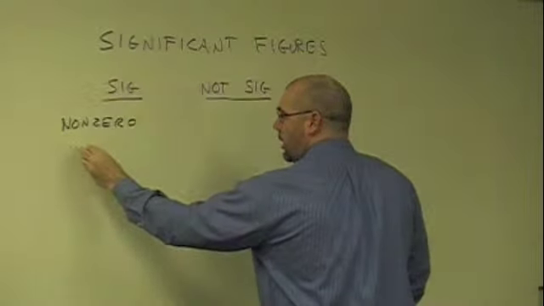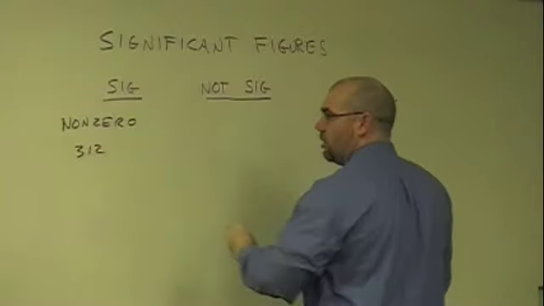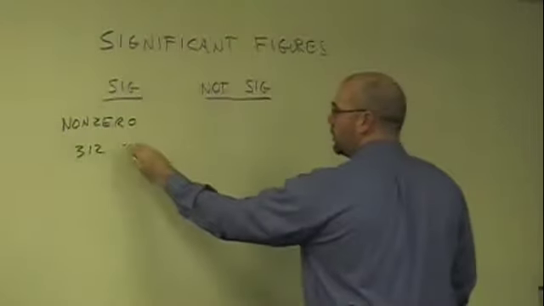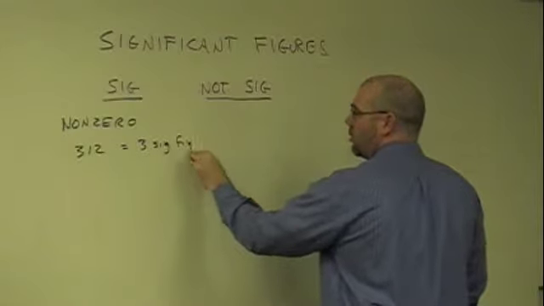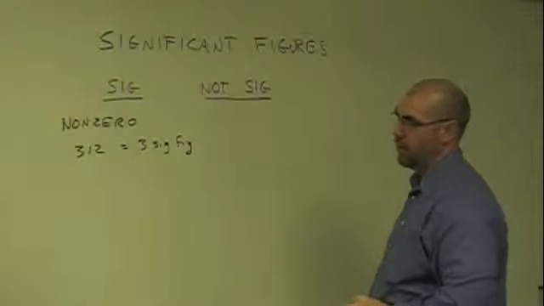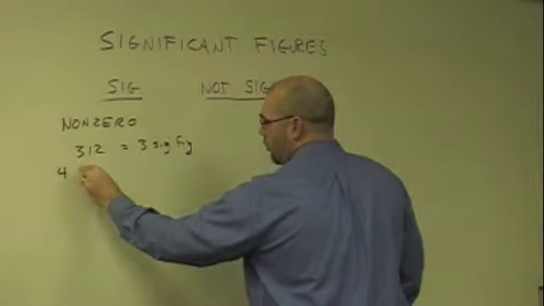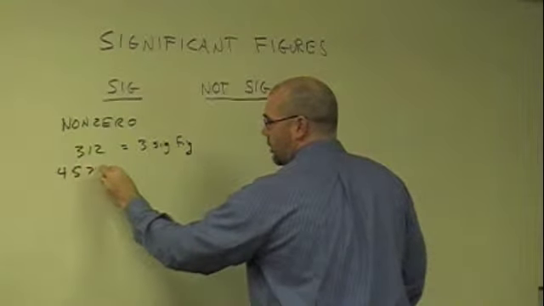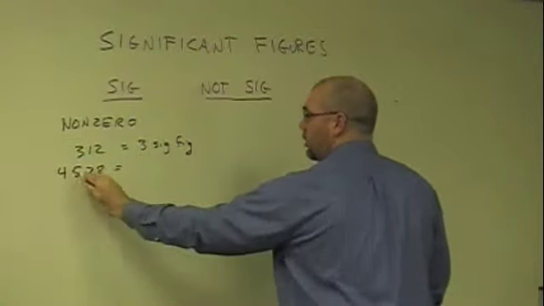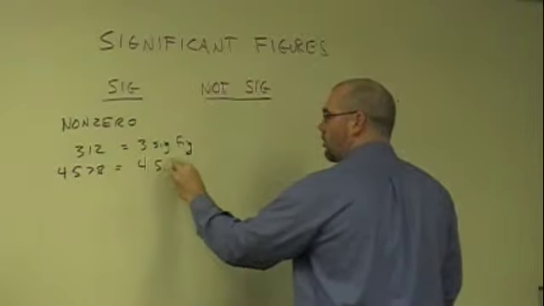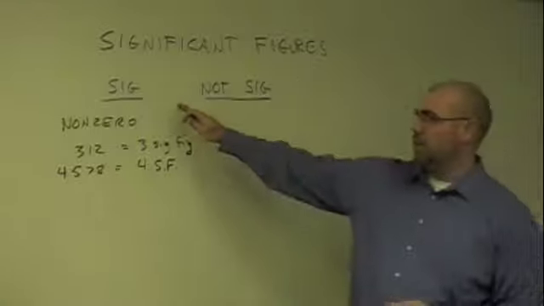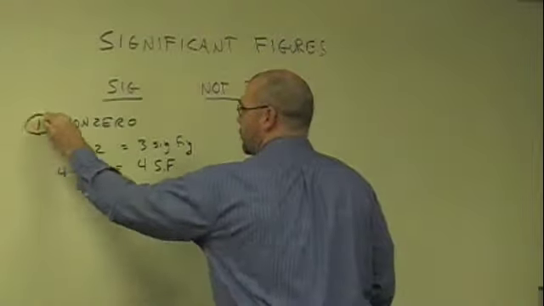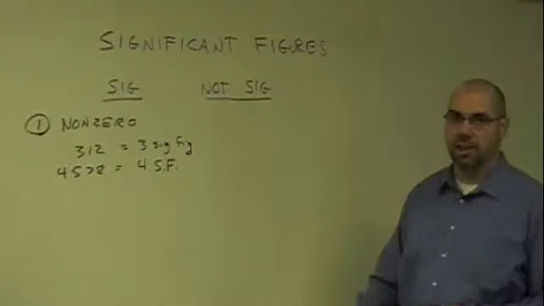So if I had 312, that would be 3 sig figs. If I have 4,578, that's 4 sig figs, and we'll just write SF from now on. Our first rule is that if you have a non-zero, it's significant.